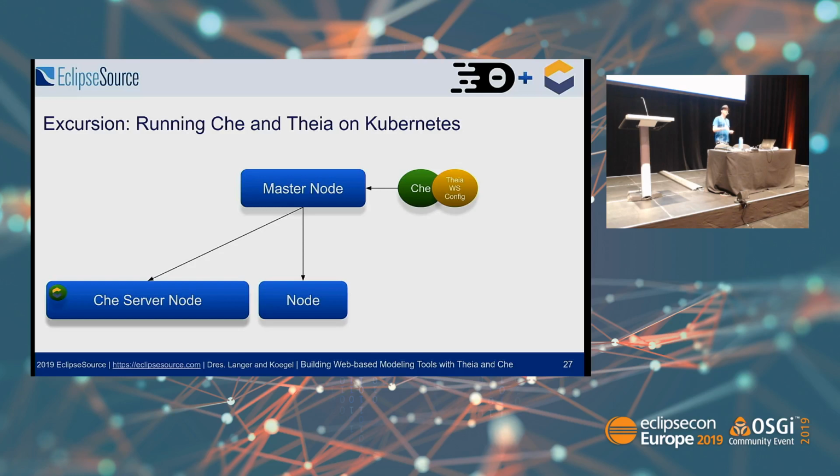So when a user arrives at the Che server, and they request a workspace for the coffee editor, for example, Che and Kubernetes in combination take care of provisioning the node with all the required stuff, deploying the Theia IDE that you built there and giving you access to a file system.